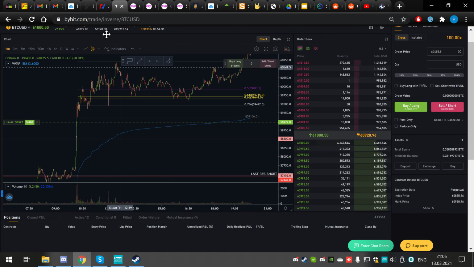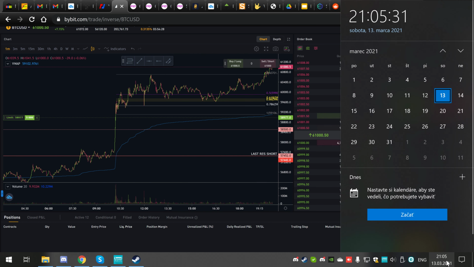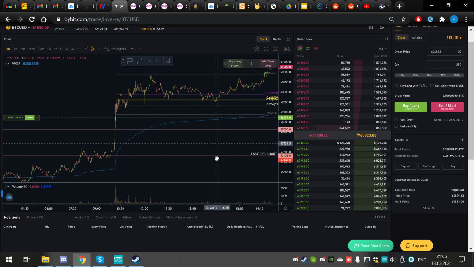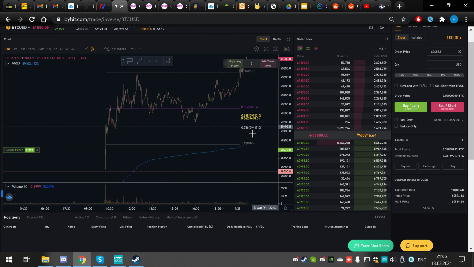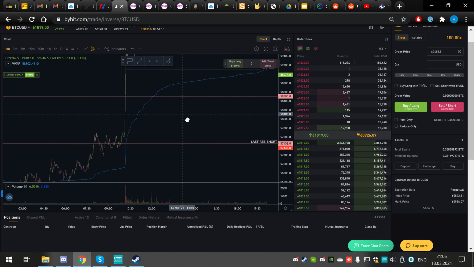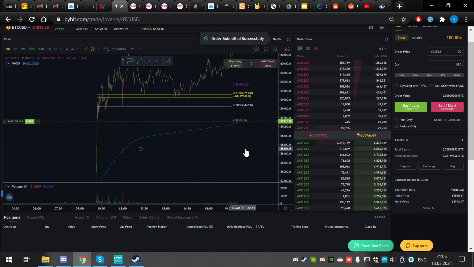Okay. So how to apply it in trading? Today is 13th of March, and we just had an all-time high breach. We are not close to VWAP. But as you can see, I already have a small position on VWAP in case we drop.